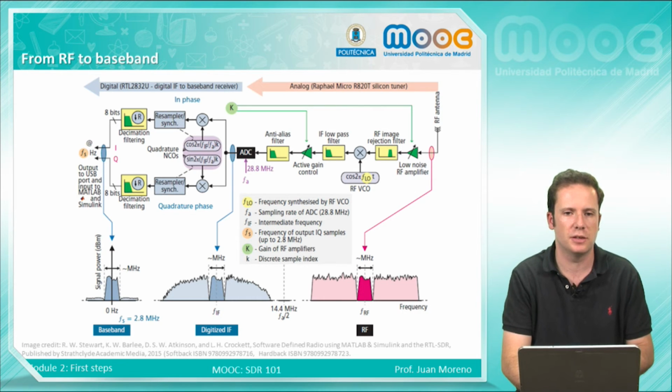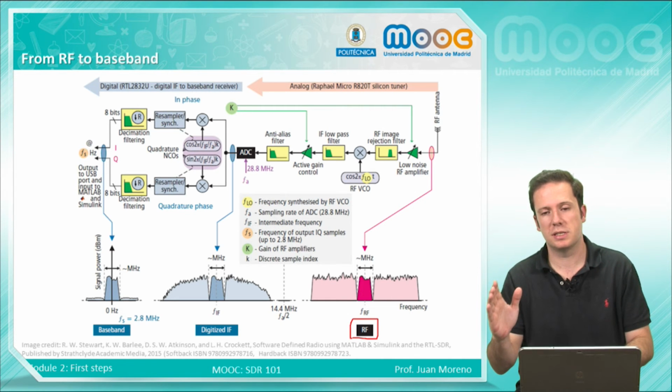So the first thing that you need to know is that there are three different frequencies. The first one on the right is the radio frequency. This is the frequency that is transmitted.